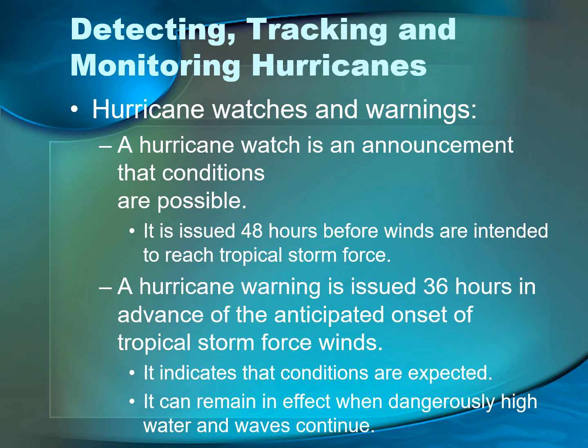The idea is that when you're in an area under a hurricane watch, if that's above a category 1, they're probably going to be asking everybody to start evacuating. So they'll change it from watch to warning when it's 36 hours away from the onset of the tropical storm force winds.